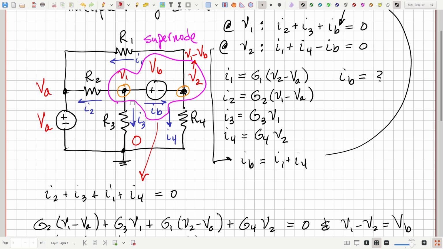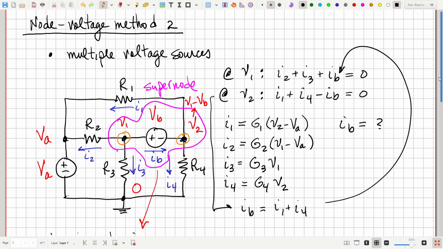And then just write one equation for this one supernode, knowing that the two essential nodes connected to it really are defined in terms of just one unknown, in this case V1. Or we could have used V2 and then called this V2 plus VB, either way. All right, so that's the idea of a supernode.